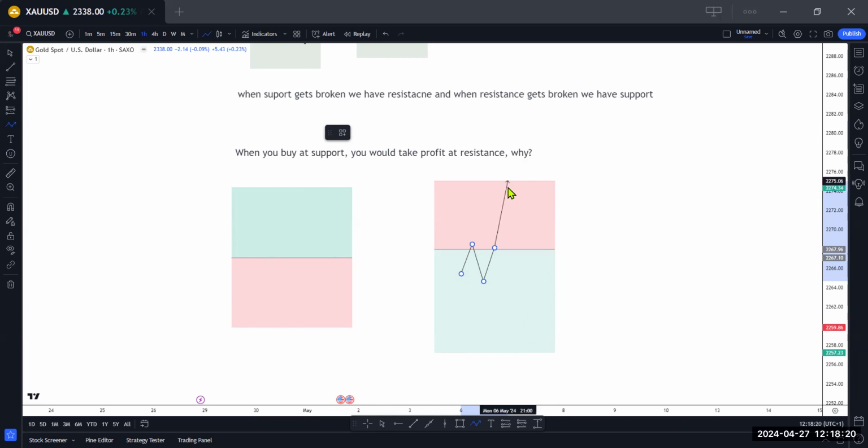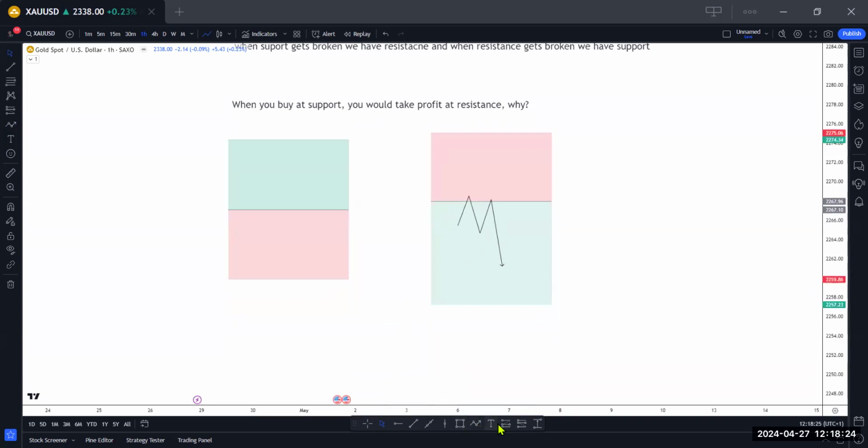So why? Because the only way to exit a buy position is by selling, and the only way to exit a sell position is by buying. By exit I mean either your take profit or your SL.